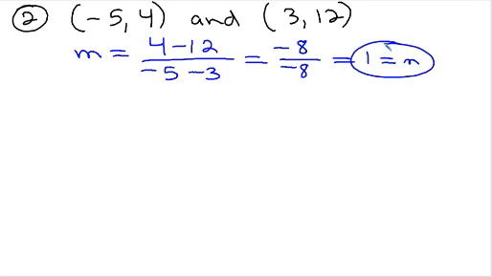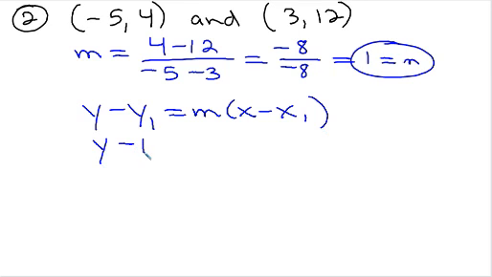And now I have a point and a slope. I've actually got 2 points. You can use either one. It does not matter which point you use. Both will work. So I'll use the one that's got 3 and 12 since it's got nice, pretty positive numbers. Y minus 12 equals 1 times x minus 3.